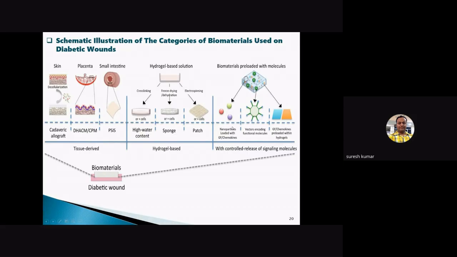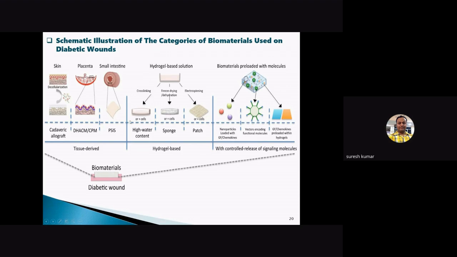Before going to any plant-based or biomaterial-based material, what strategies are being used nowadays? There are three important strategies: the tissue-derived model, which clinicians use, whereas we use the preclinical models in our laboratories, the hydrogel-based approach, and the controlled release of signaling molecules. These last two are the approaches we have done in our laboratory.